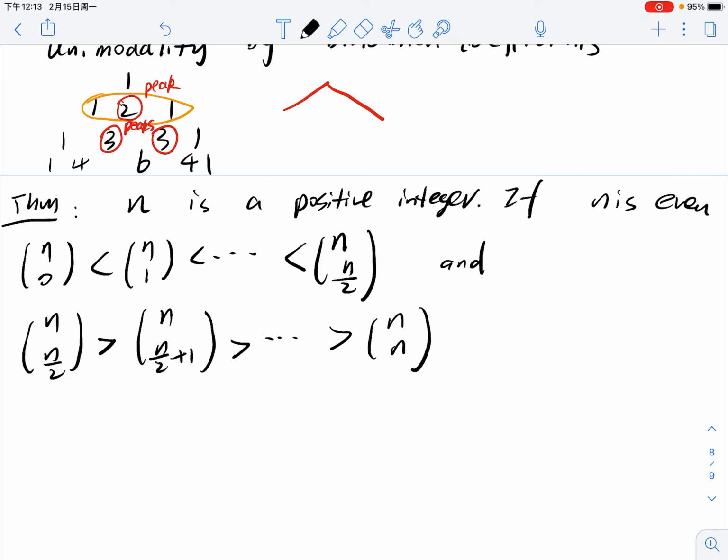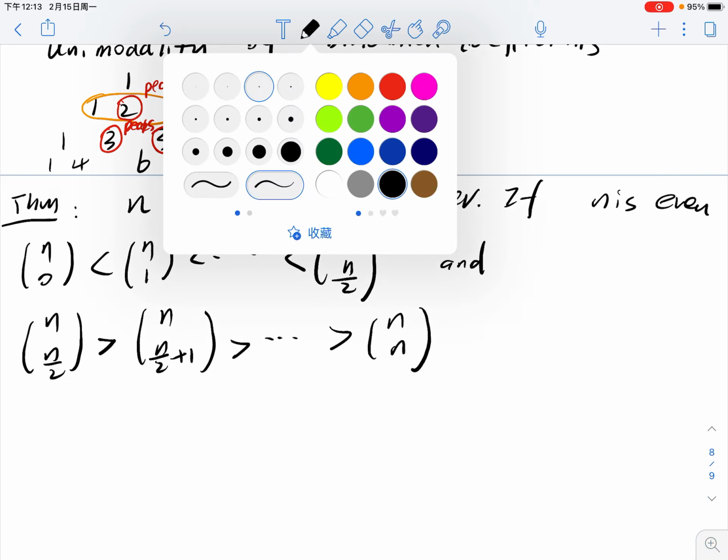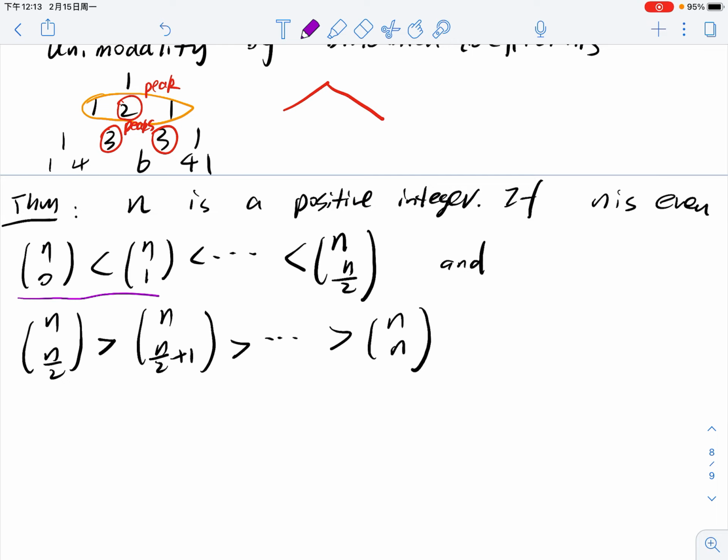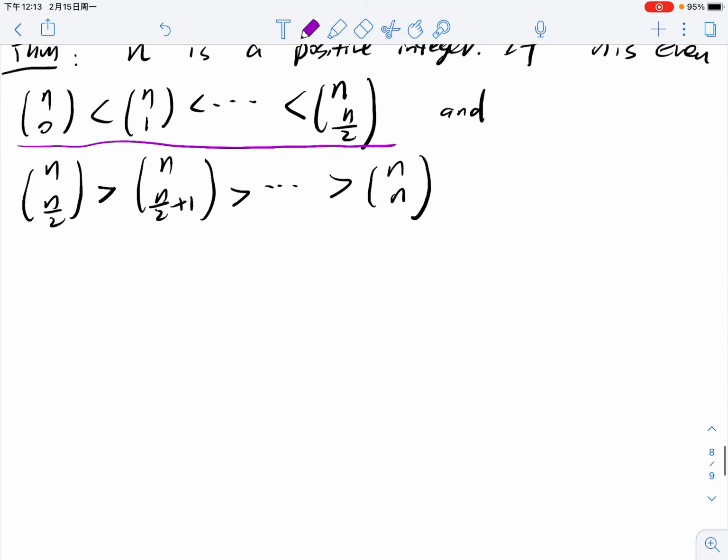The second half actually is trivial because we know it's symmetric. So for example, n choose n is just n choose 0. Okay, the non-trivial part is the first half.